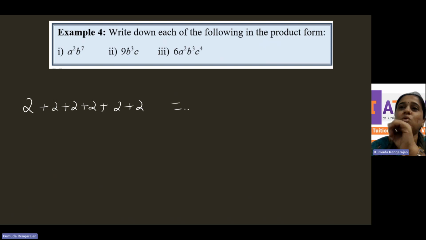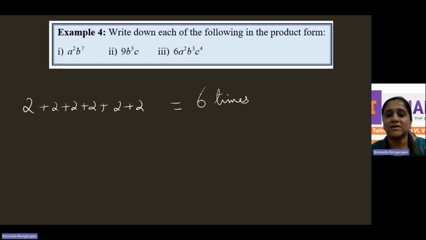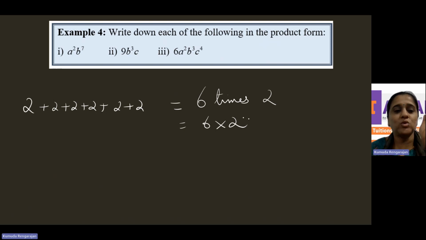So repeated addition is what? Why are you saying power then? What's the answer? It is 6 times 2, right? 6 times 2. What is 6 times 2? 6 into 2, 12. So 2 is added to itself 6 times. So 6 times 2, 6 into 2.